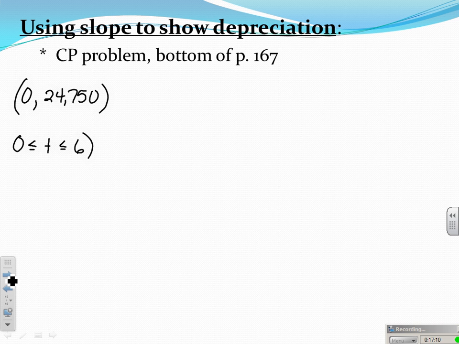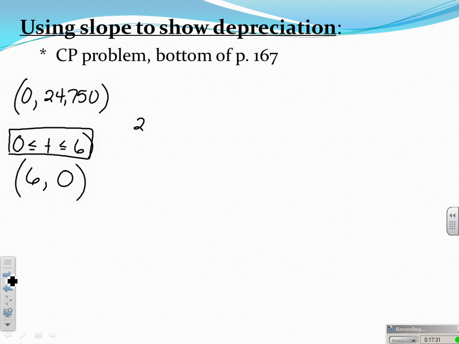Oh, sure it does, because at the end of 6 years we don't have any value left. So if we were going to use our data points, we know we're only talking about this short period of time. It's going to go from $24,750 down to 0.